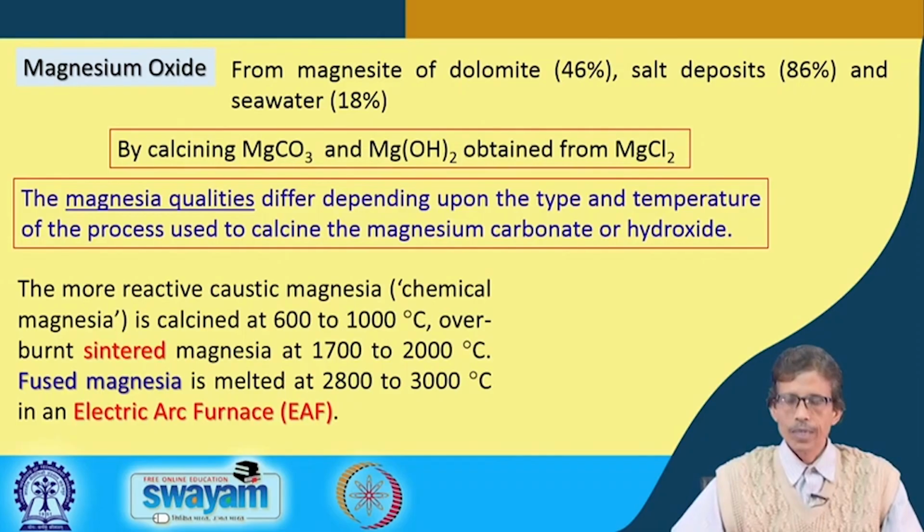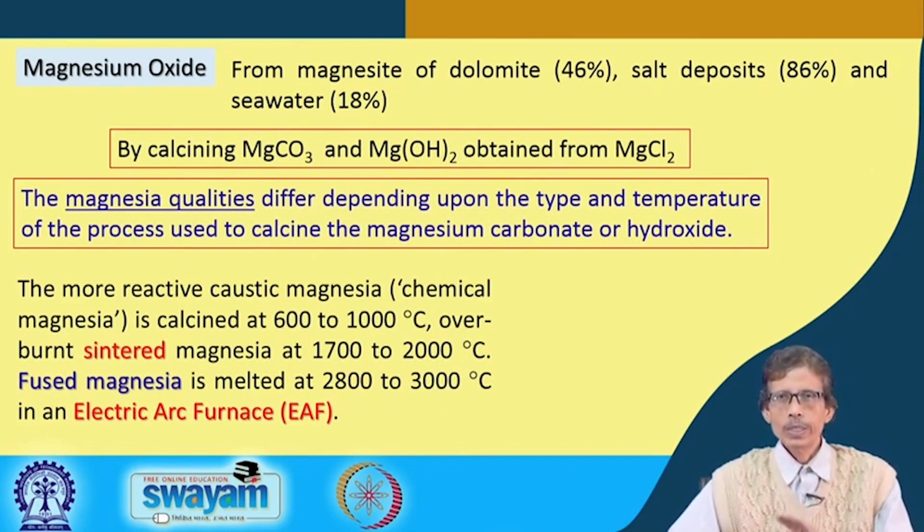Look at the temperature range very critically, because you have to remember it, otherwise you won't have the idea of why the caustic magnesia or chemical magnesia is different from sintered magnesia, and sintered magnesia is different from fused magnesia. The sintered one: one type of crucible we use in our chemistry laboratories is the sintered glass bed crucible. Sintering is a typical process where you heat it and it settles down. A sintering bed is made of silica.